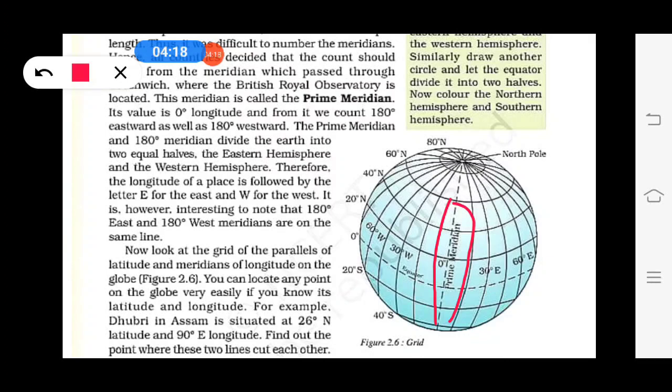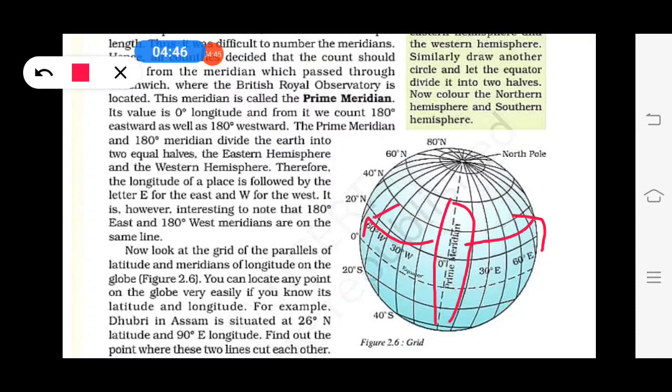With the 180 meridian, it divides the earth into two equal halves, the eastern hemisphere and the western hemisphere. This zone is called eastern hemisphere and this zone is called western hemisphere.